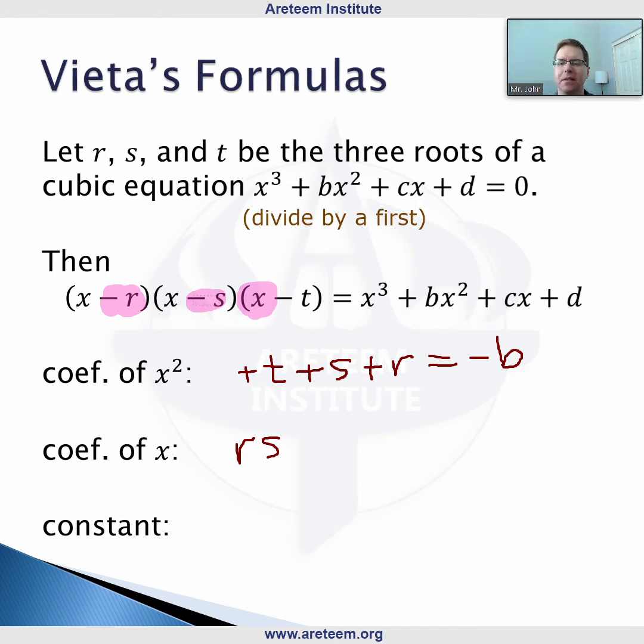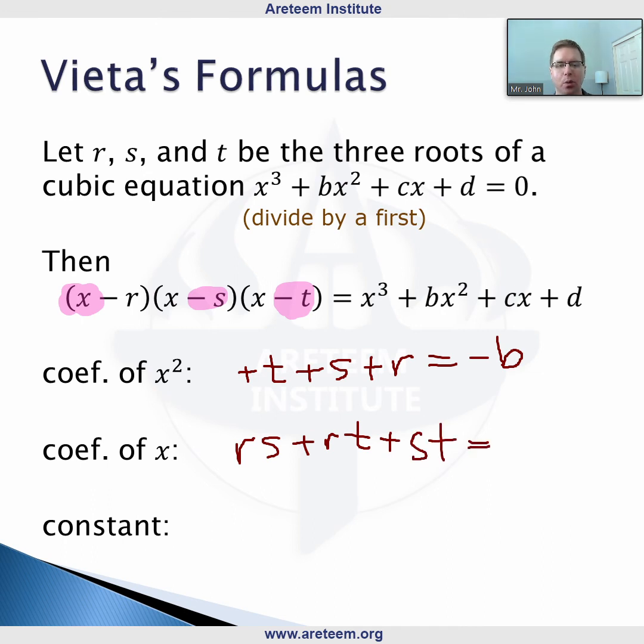Then, right, what if this middle term is the x, right? So then we have negative r negative t times x, so that is plus r times t. And finally, right, we look at negative s, and the first term is our power of x. X times negative s times negative t is plus st.